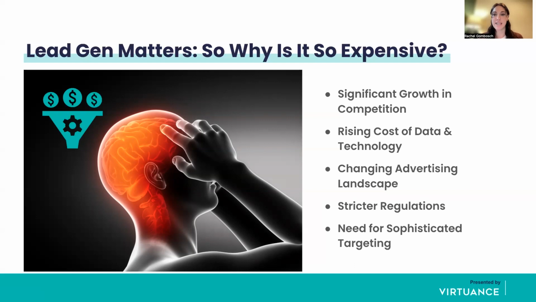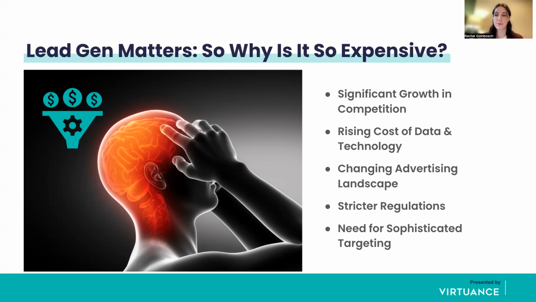Additionally, rising costs of data and technology tools used for lead generation are contributing to this increase in expense. And then finally, the changing landscape of online advertising, including stricter regulations and the need for more sophisticated targeting, has made it more challenging to generate quality leads at a reasonable cost.